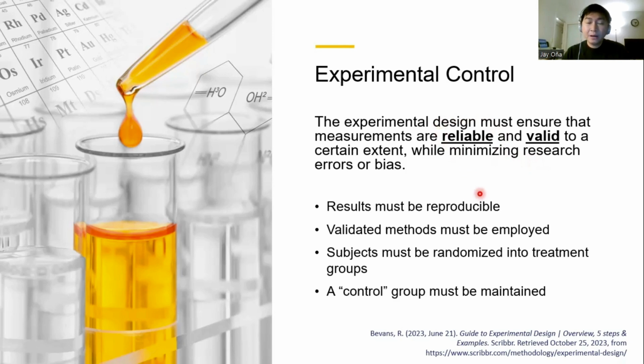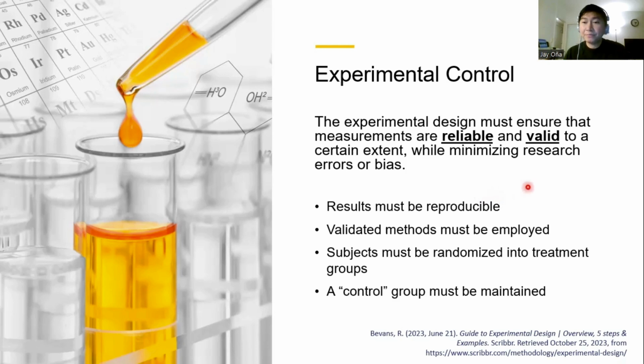Meaning to say, when another group or another person carries out this analytical method, what is the likelihood that they will get the same results on the same sample? So dapat kayang i-reproduce or kayang ma-repeat yung experiments and come up with the same results. So that's the measure of reliability.